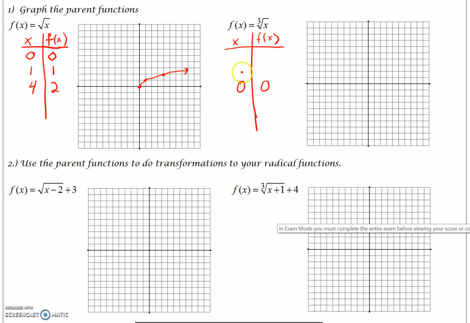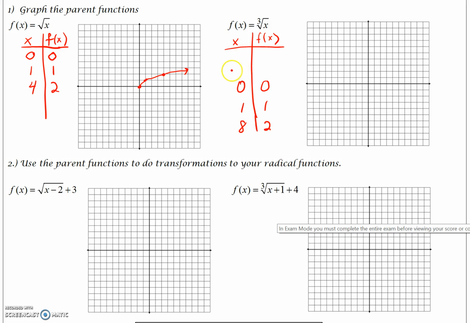And the cube root of, let's say, 1 is always going to be 1, because 1 times itself 3 times is always going to be 1. And how about the cube root of 8? That should be 2, because 2 times itself 3 times would give me back 8.